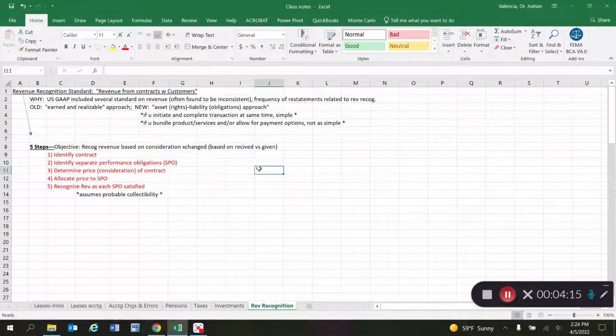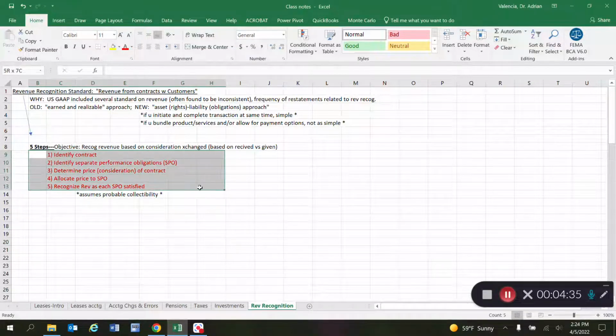The first thing that we need to do is explicitly identify what the contract is. Once we identify what the contract is, then we know the parameters to use in terms of what will potentially be recognized as revenue. By the way, I'm going to go into details on these 5 things, but let's just talk about them real quick.